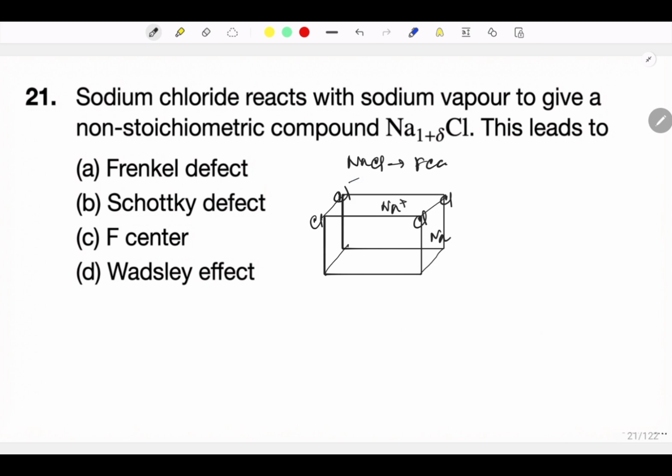Okay. So what happens when we treat solid NaCl with sodium in the gas phase?